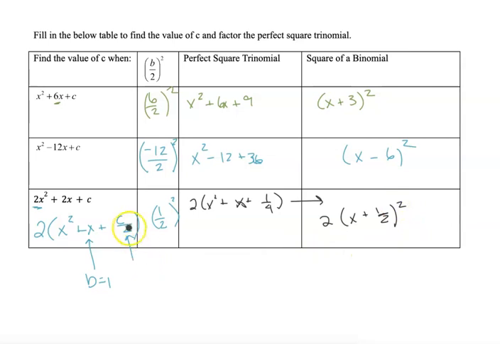And I will say that the c value, since c over 2 was equal to 1/4, if I cross multiply, I get that 4c equals 2, and then c equals 1/2. So this value was the c value in the end.